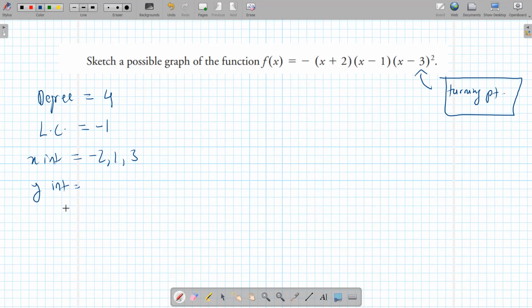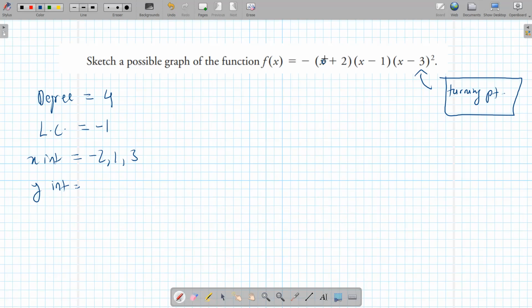How do we find the y-intercept? Think about it. At the y-intercept, what is 0? Something is 0 at the y-intercept. X. X is 0, so you just replace all the x's with zeros, right?